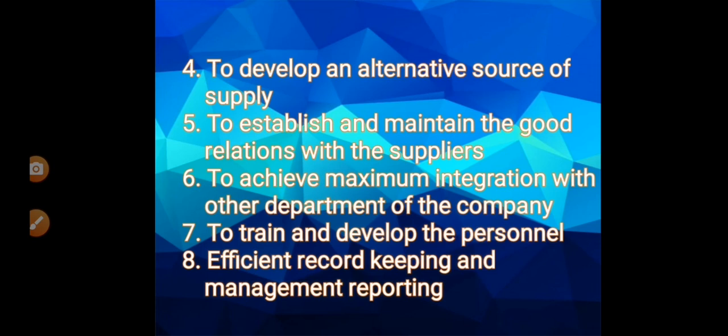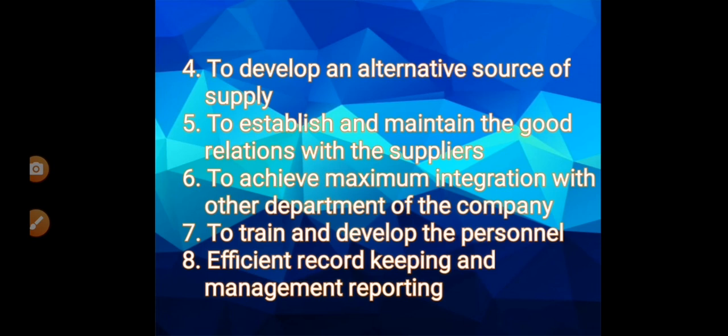Number six, to achieve maximum integration with other departments of the company. The purchase function is related with the production department for specification and flow of materials. Engineering department for the purchase of tools, equipment and machines. Marketing department for the forecast of sales and its impact on procurement of materials.